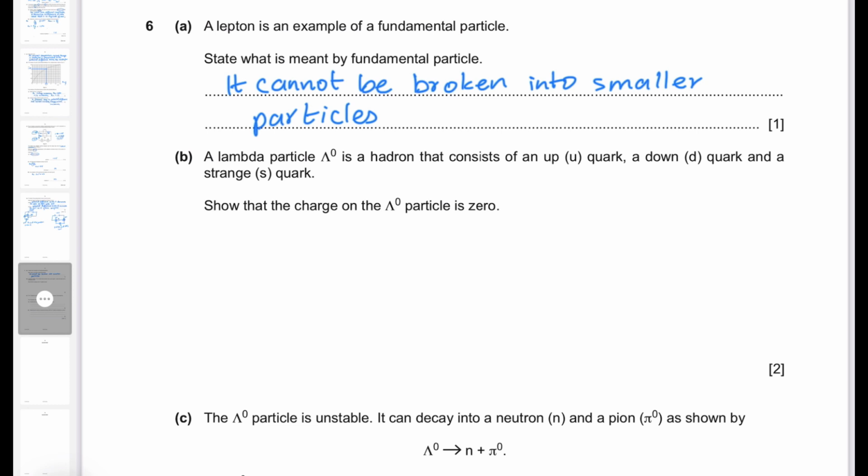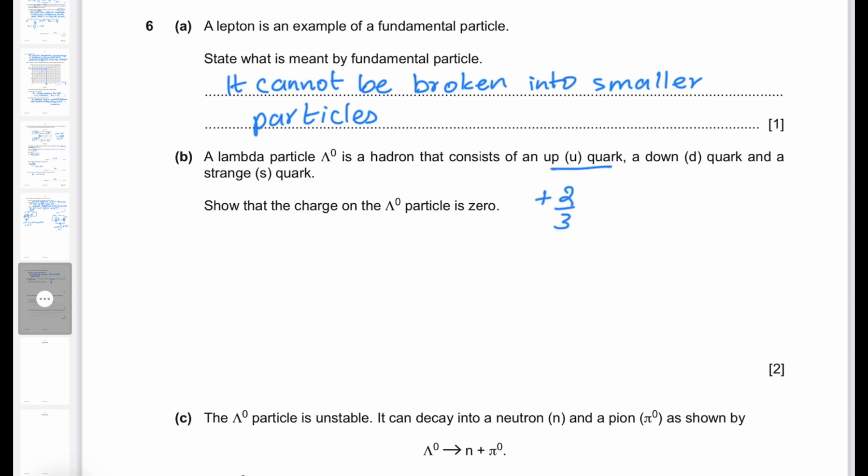B. A lambda particle is a hadron that consists of an up quark, a down quark, and a strange quark. Show that the charge on the lambda particle is 0. A hadron is essentially a subatomic particle that's made up of either 3 quarks or a quark and an antiquark. So in this case, we've got a baryon since we've got 3 quarks, up quark, down quark, and a strange quark.